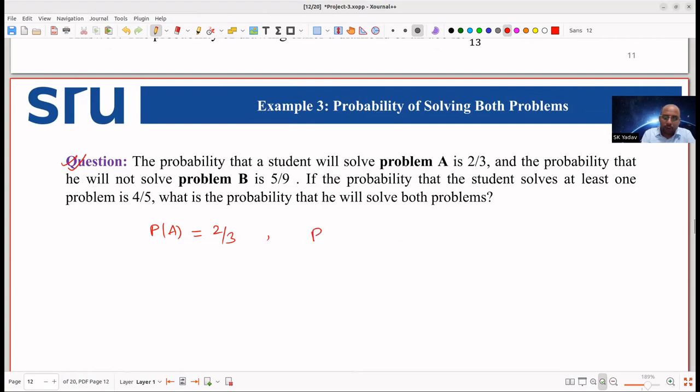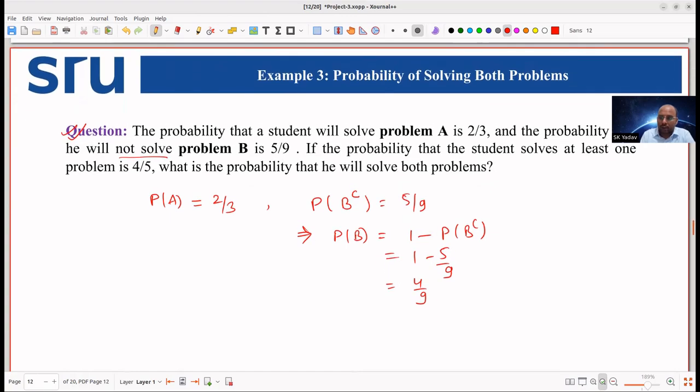So given that probability of not solving problem B, that means B complement, is equal to 5 by 9, and from here I can write probability of B, that means he will solve problem B, is 1 minus probability of B complement, which is 1 minus 5 by 9, so 9 minus 5, 4 by 9.